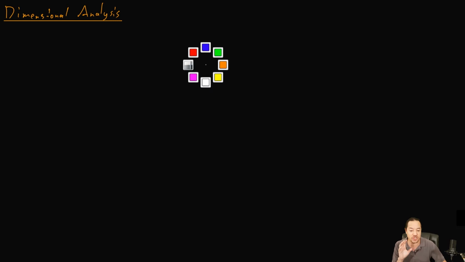Okay, now is when things get a little bit more interesting. We're going to be talking about dimensional analysis. This is the useful part of using units, and it's actually about learning how to convert units.